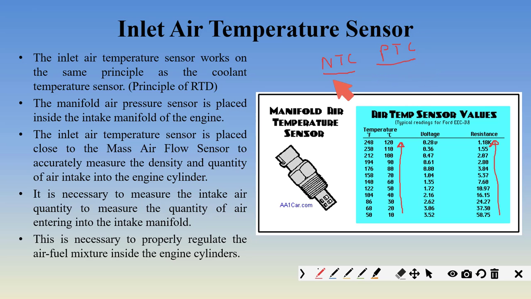In case of negative temperature coefficient, as the temperature increases, the resistance decreases. In case of positive temperature coefficient, as the temperature increases, the resistance increases. So this is an example of NTC, negative temperature coefficient. Using this, as the temperature changes, there is a change in resistance, and as there is a change in resistance, there is a change in voltage value.